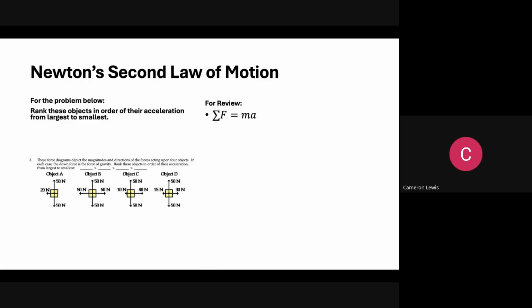So, looking at this diagram, right? Which object would have the greatest acceleration? Do they all have the same mass? So you can look at same mass or same weight.